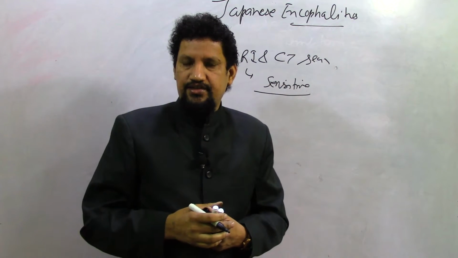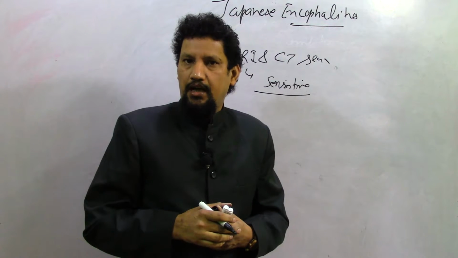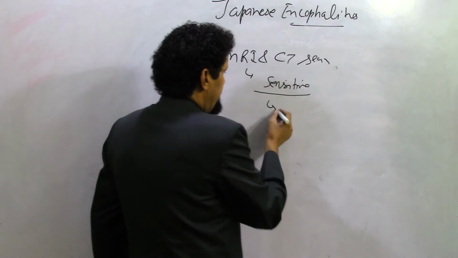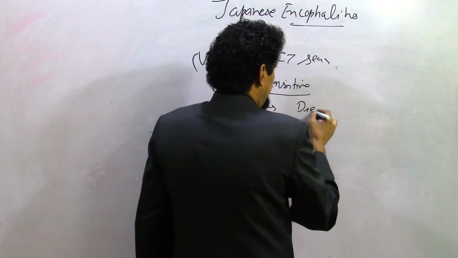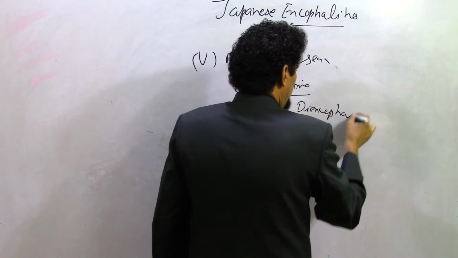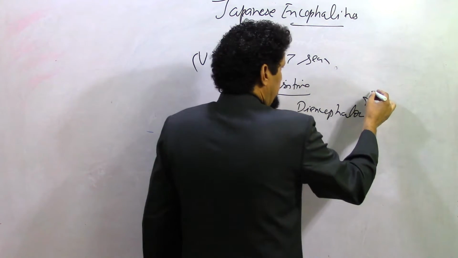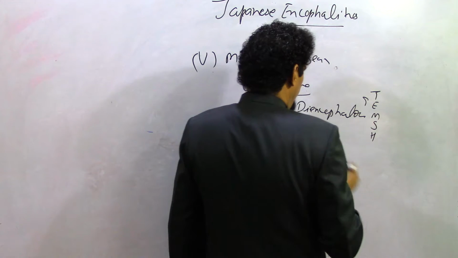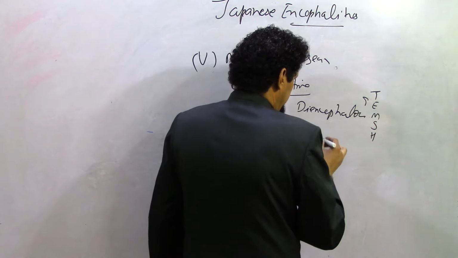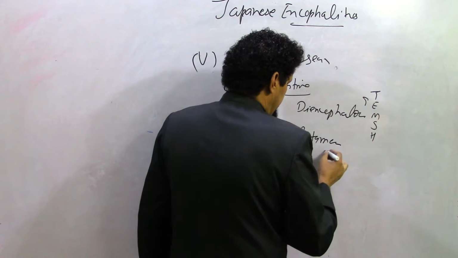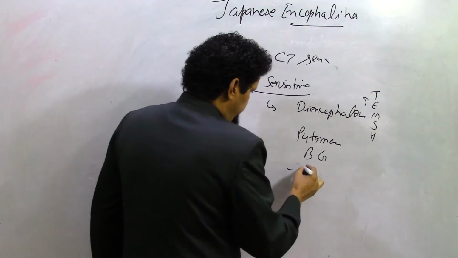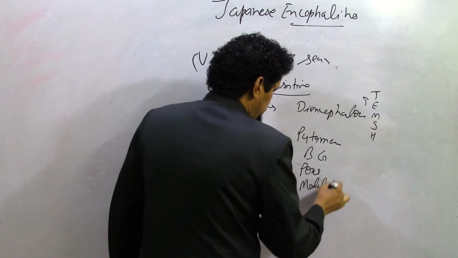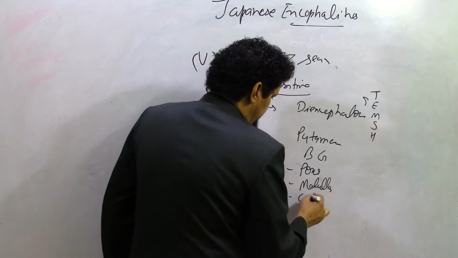Changes in putamen, changes in basal ganglia and pons, medulla and midbrain. So there are changes in diencephalon, that is thalamus, epithalamus, metathalamus, subthalamus and hypothalamus. The putamen, the basal ganglia parts, the pons, the medulla and cerebellum.